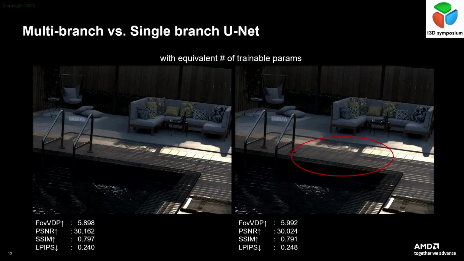We see some marginal improvement in most of the quality metrics, as you can see here. But particularly, we see much better visual quality in this highlighted area with the shadow. And for this comparison, we set a similar amount of trainable parameters for the single-branch UNet architecture to make it a fair comparison.